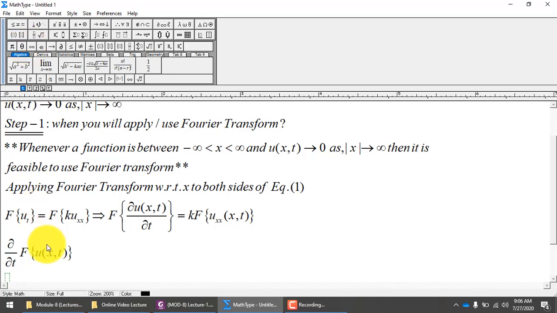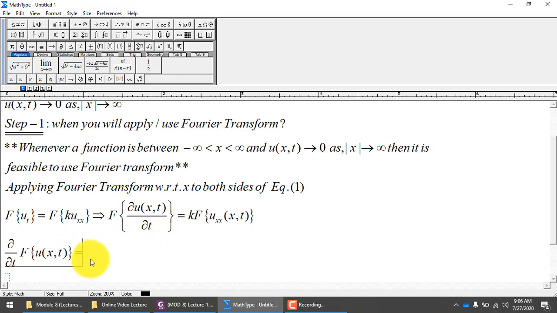You can do that because x and t do not depend upon each other. So it is optional when you use the derivative and when you apply the Fourier transform, because Fourier transform by definition is an integral. With respect to x we are having integral, and with respect to t we are having derivative. So it is your choice. Now we are applying Fourier transform first and the derivative we are taking after that.